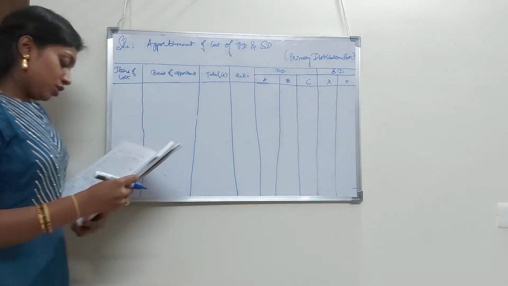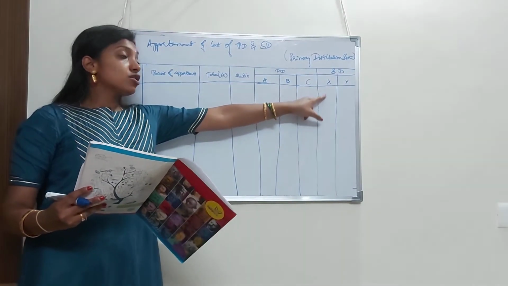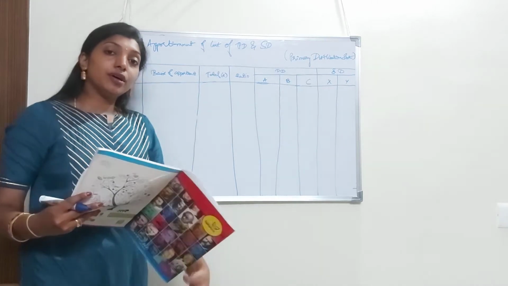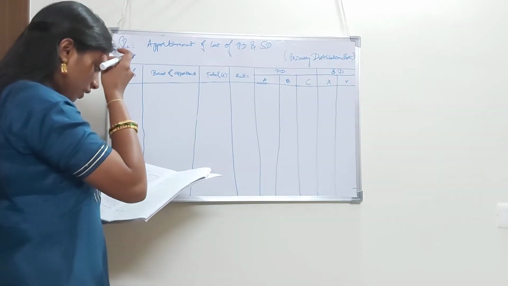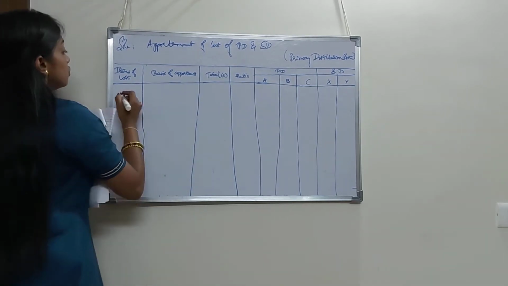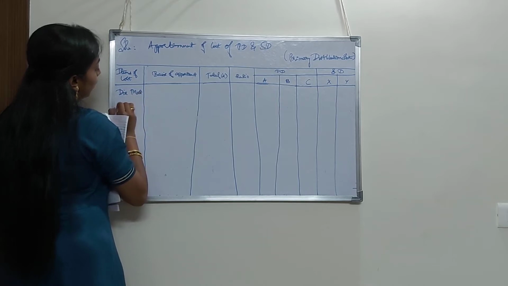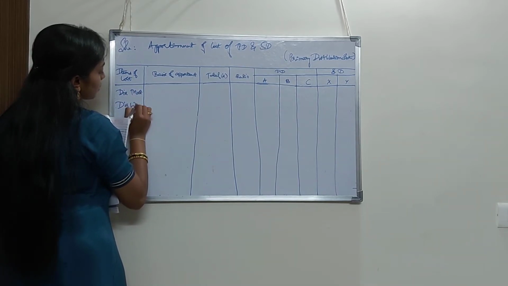Now I have already told you, only the direct expenses of service departments are to be included under primary distribution. So what are the direct expenses? Direct materials and direct wages. So items of cost: direct material, direct wages.